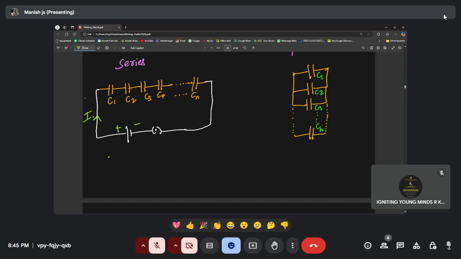So the current is going to be the same through each and every capacitor.